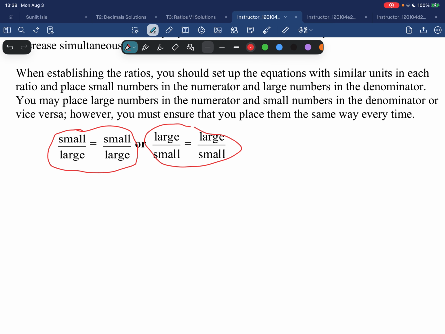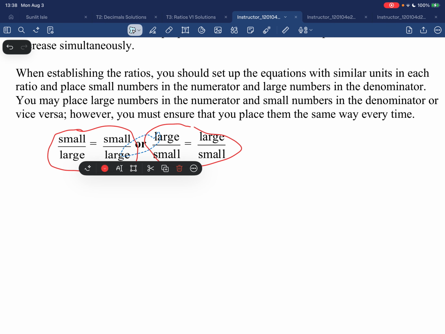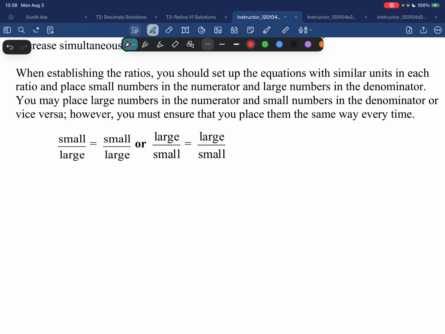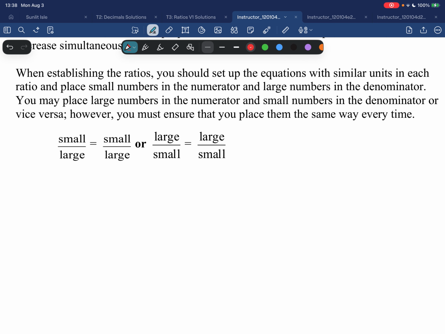One or the other, can't mix it up. So how do you know where to put stuff? Basically, you take what you've been given and do know for sure, and then you use other context clues in the problem to figure this out.